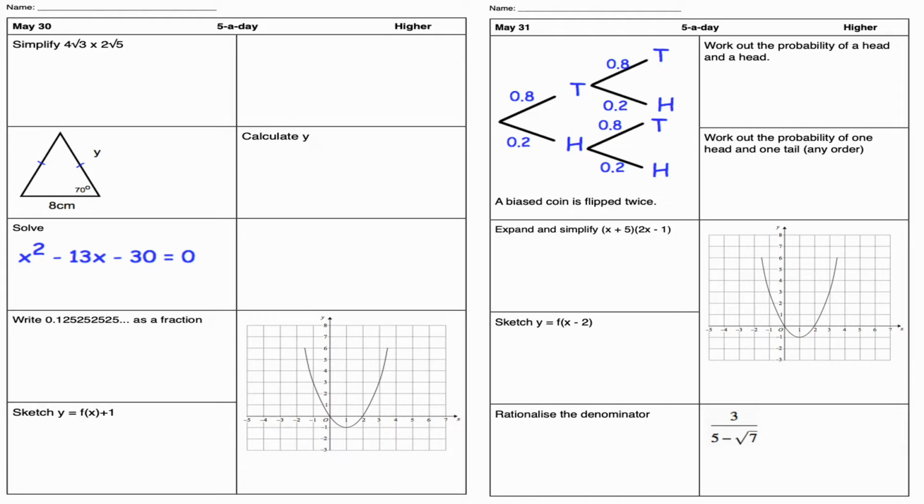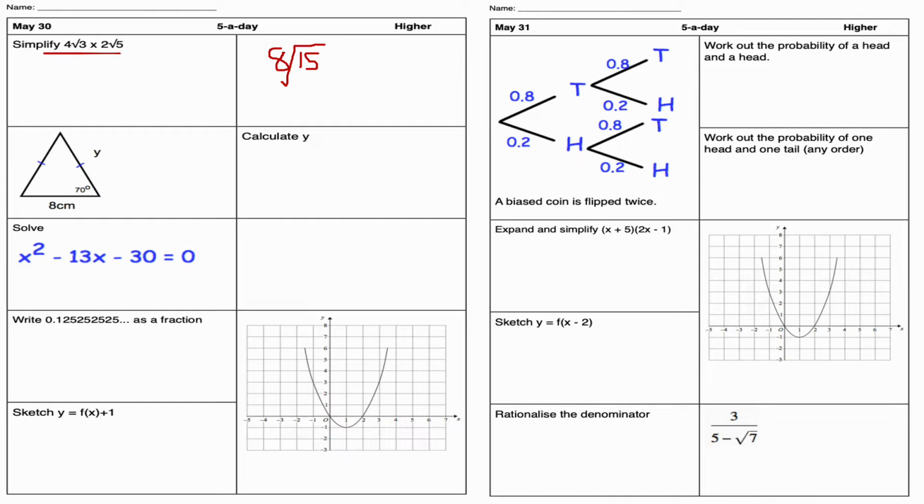This is the first question. Simplify this surd. Well, what I do is I do 4 times 2, which is 8, and then I do root 3 times root 5, which I can write as root 3 times 5 under 1 square root, which is root 15. So it's 8 root 15.